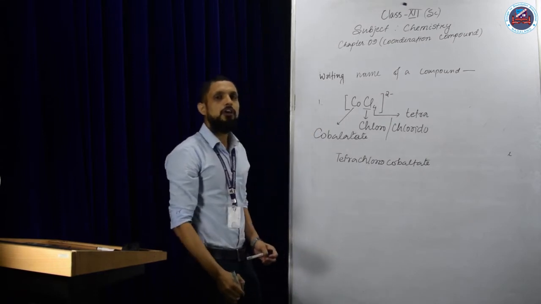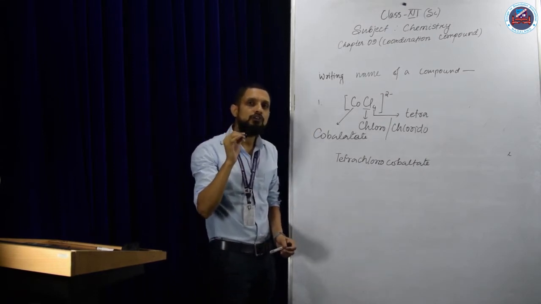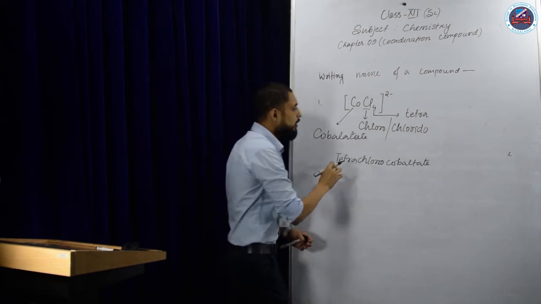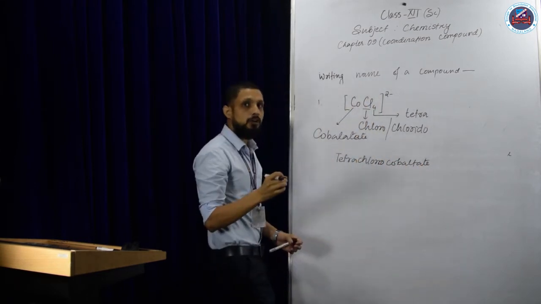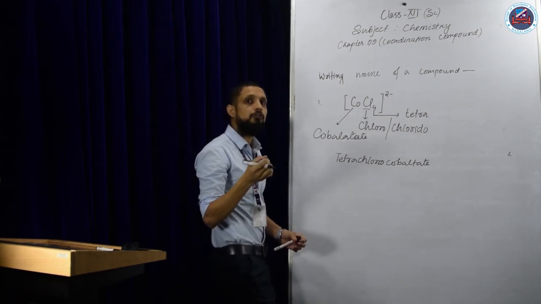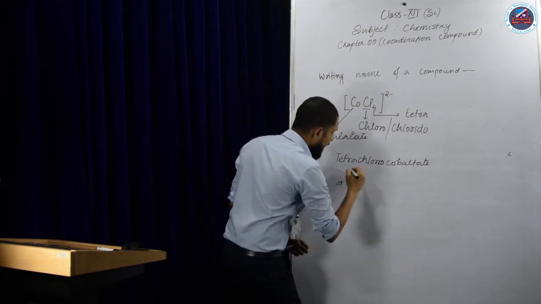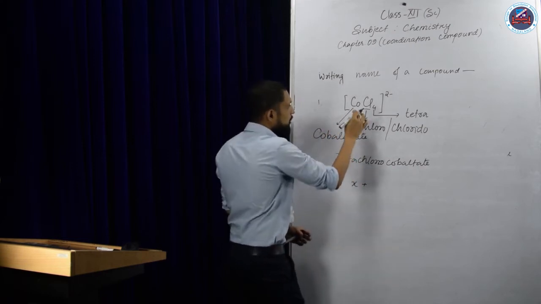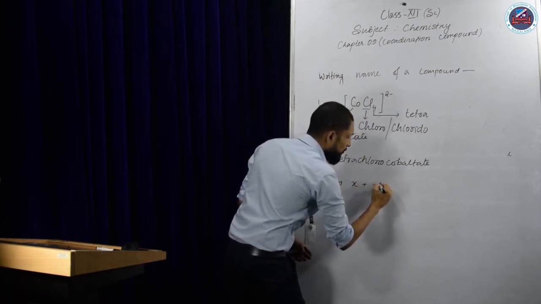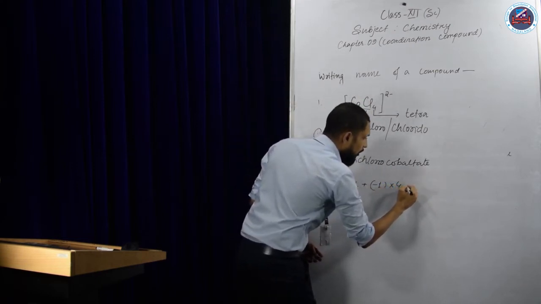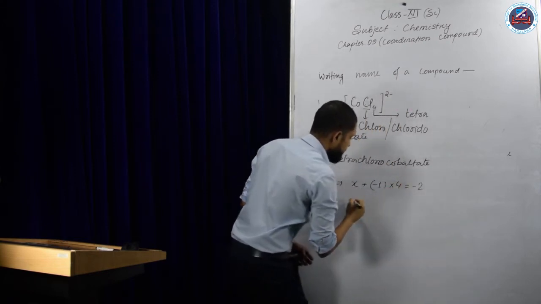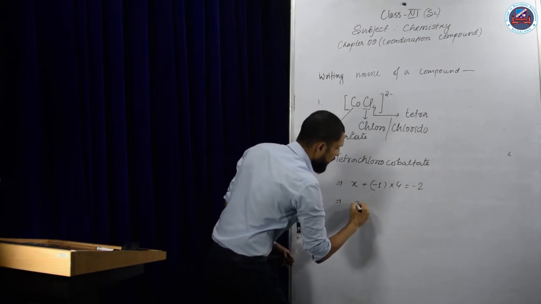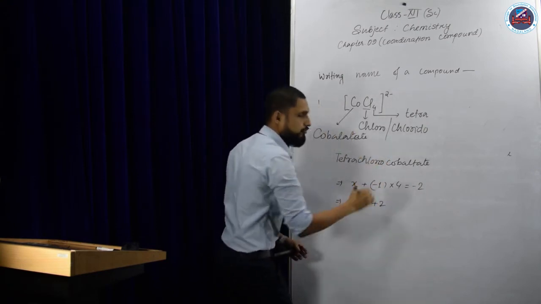After that, you have to calculate the oxidation number of the central metal ion. You know how to calculate the oxidation number of the central metal ion. Let it be X plus Cl, charge is -1 multiplied by 4, is equal to the charge of the complex, that is -2. If you solve, you'll get X equal to +2.